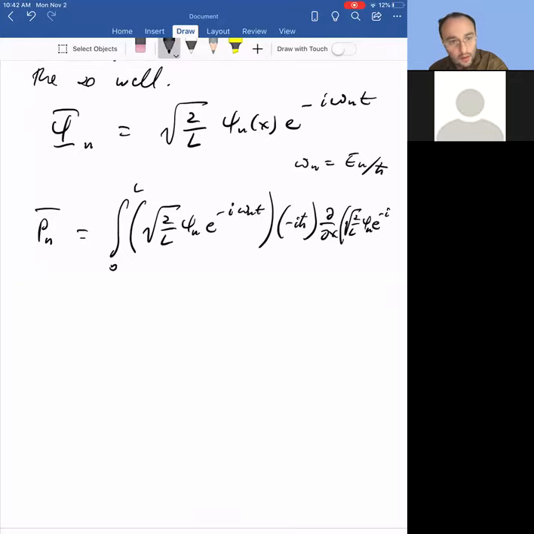And this is going to become plus, by the way, because it's a complex conjugate. Okay. So I had to squeeze this in, right?